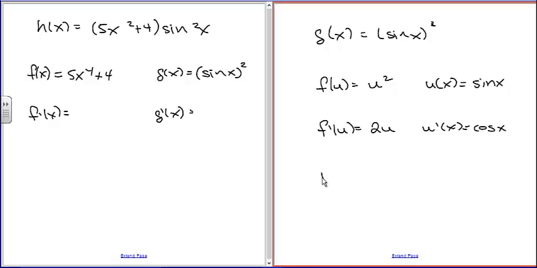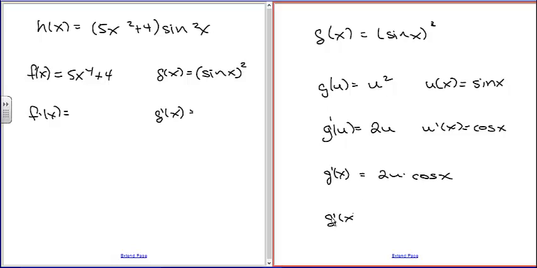So the chain rule says f prime of, and I know I used f here and g there, so maybe I should change that now. I get used to doing f and I forget there are other letters in the alphabet. So there you go, g of u, g prime of u. Okay, so g prime of x, which is what I need over here, is going to be 2u times cosine x.